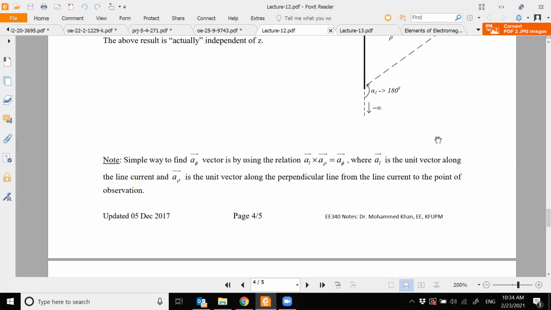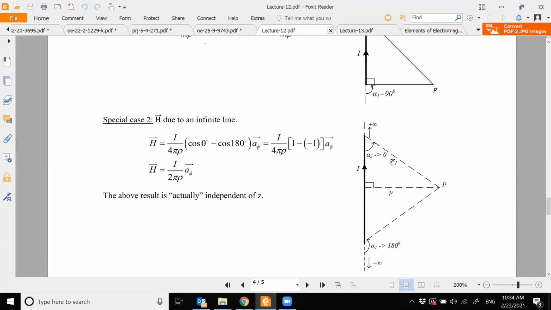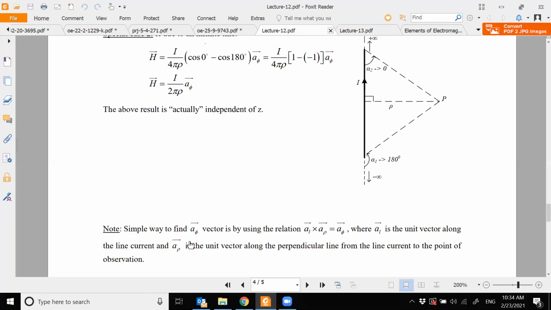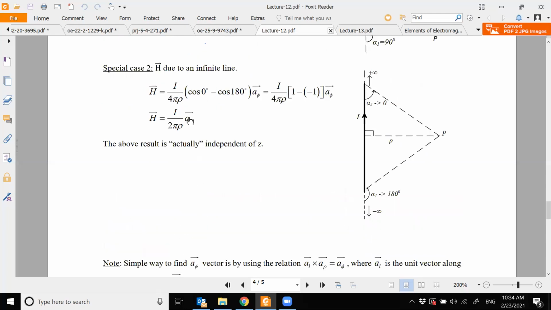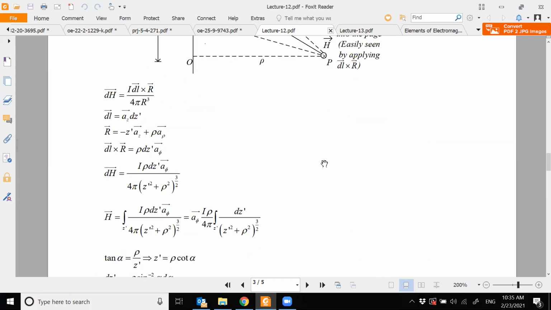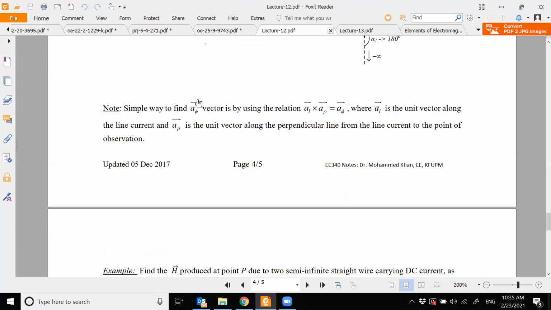Now, these are simple examples. Sometimes you get a more difficult type of problem. In this case, the a phi direction, in which your magnetostatic field lies, is best found using the relationship a L cross a rho equals a phi.